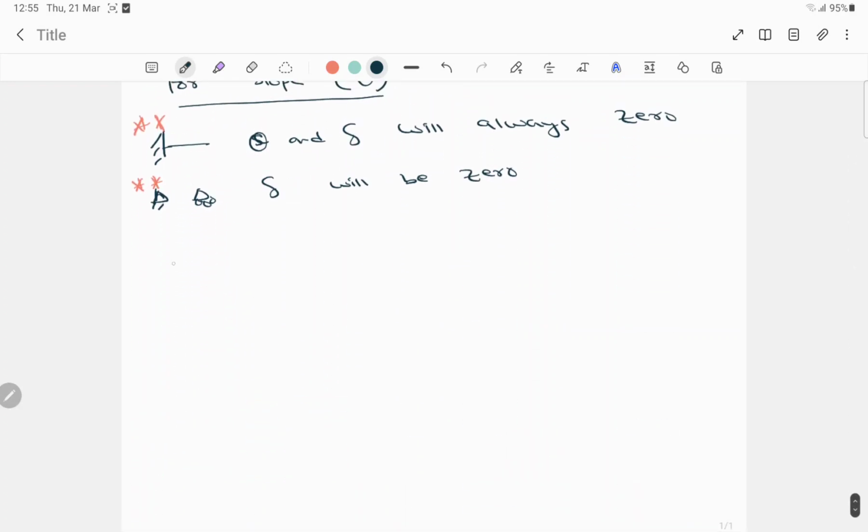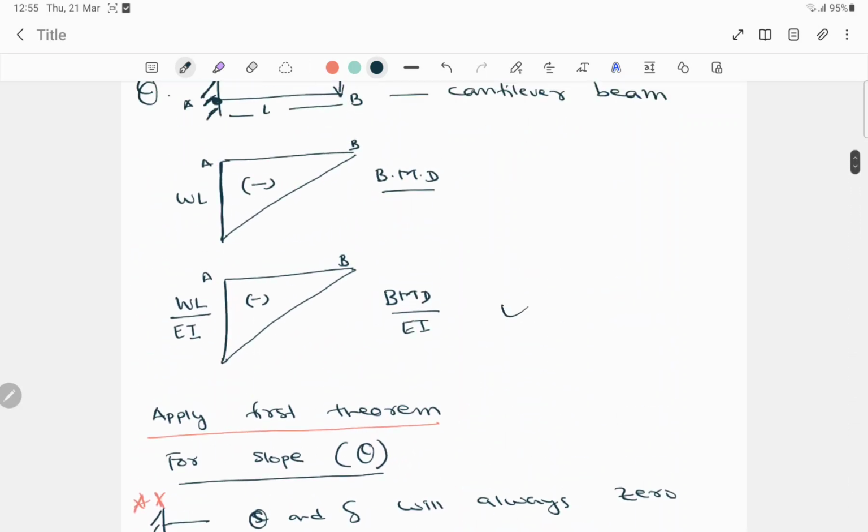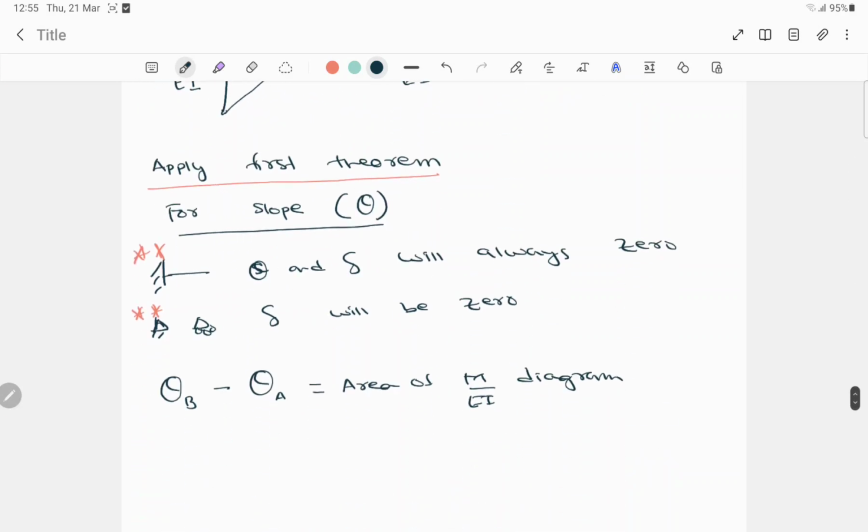So the slope at B is denoted by theta B minus theta A, where theta A is the slope at point A, is equal to the area of the M by EI diagram. M by EI diagram is nothing but this diagram, the BMD by EI diagram.